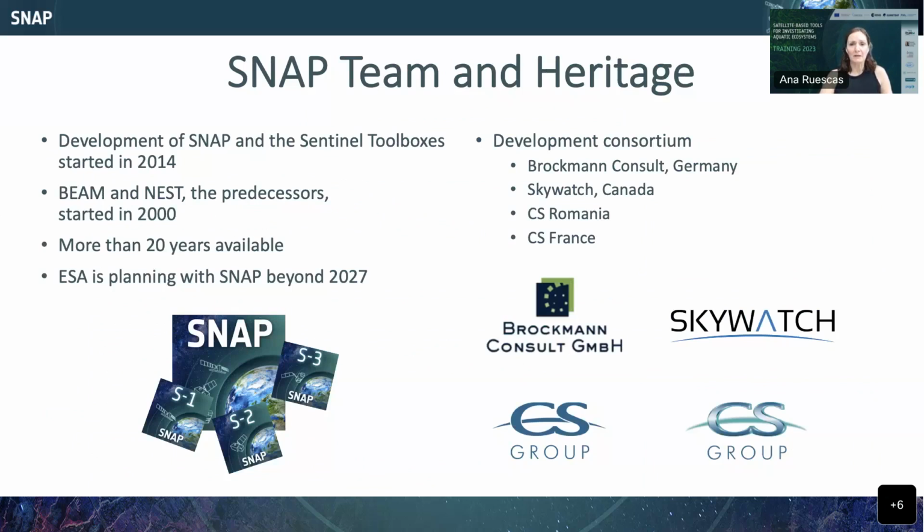That means we have these tools available for more than 20 years, and ESA is planning to keep the development of these tools beyond 2027. So the development consortium is the companies you see there: Brockmann Consult from Germany, SkyWatch from Canada, and CS from Romania and from France.